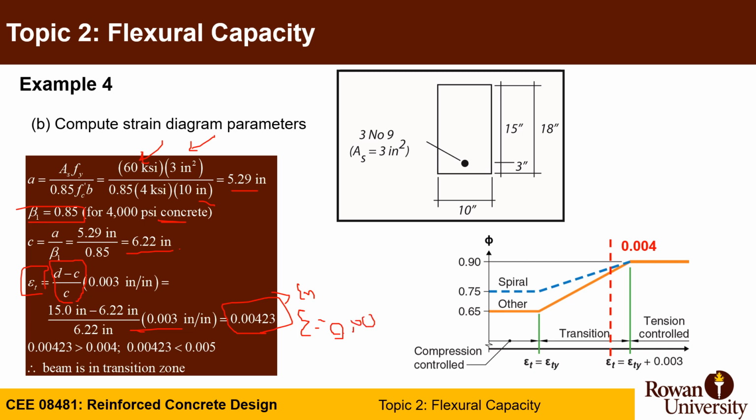But you are not more than epsilon ty plus 0.003, which is approximately 0.005, right? So you are less than 0.005 almost. At the same time, you are more than 0.004, so the section can be used.